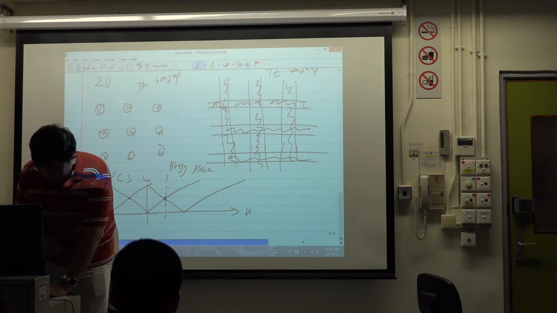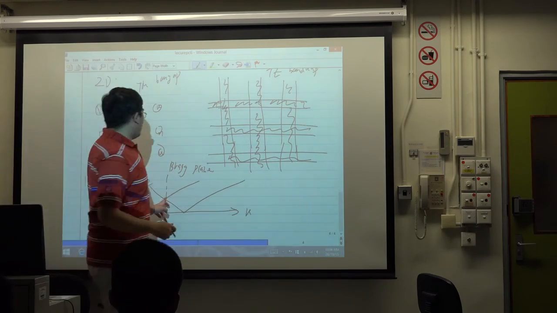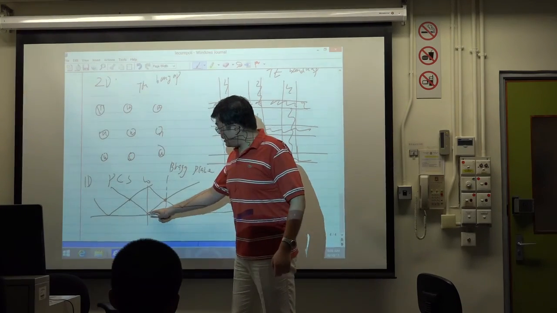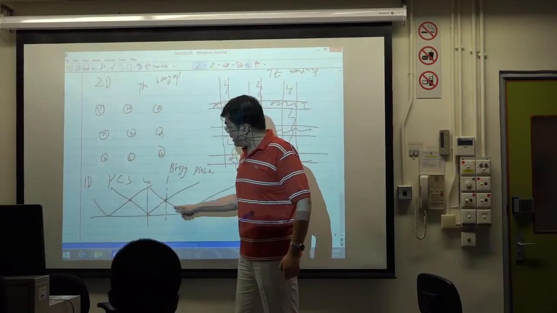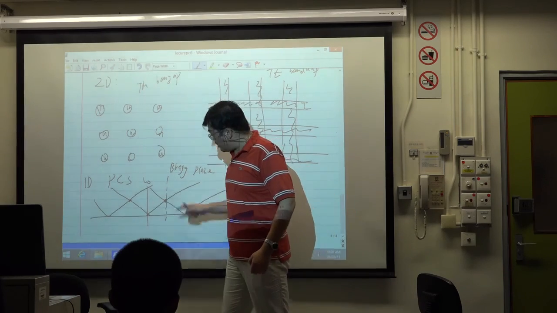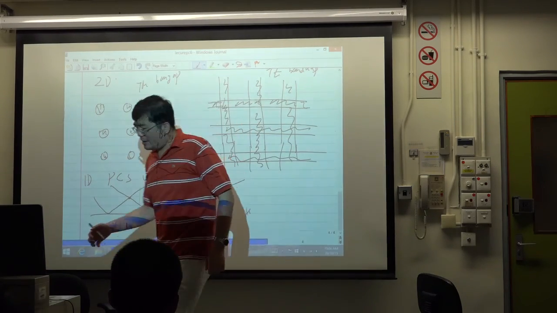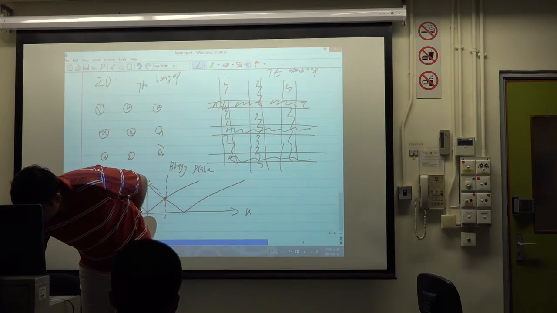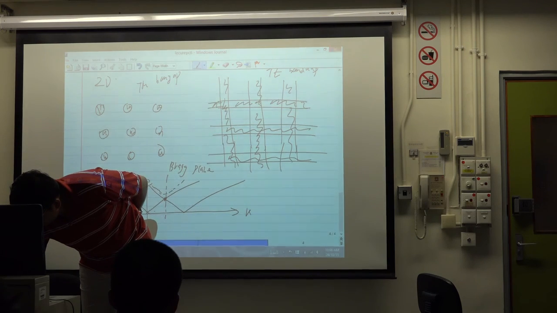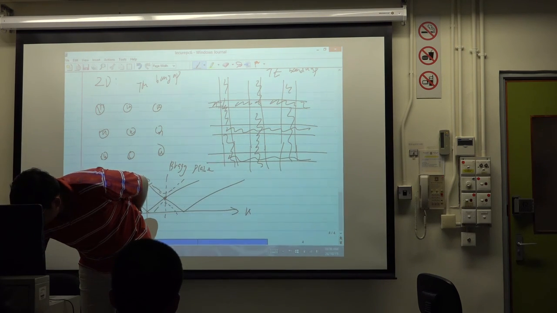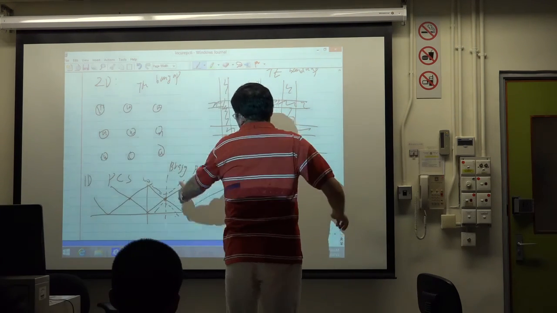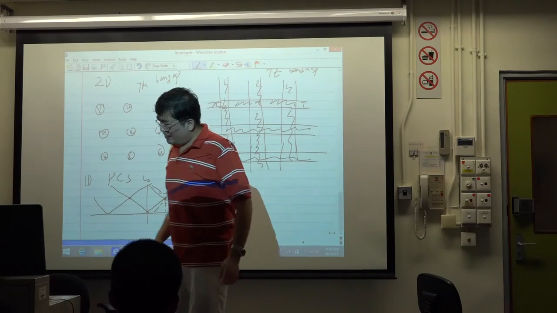Because it has a standing wave point, this is omega equal to ck, this is omega equal to minus ck, this is the standing wave point. When you perturb this structure, this is free space, the band gap will open up. So this is the region where the band gap will open up.